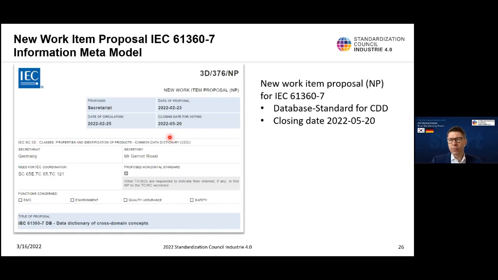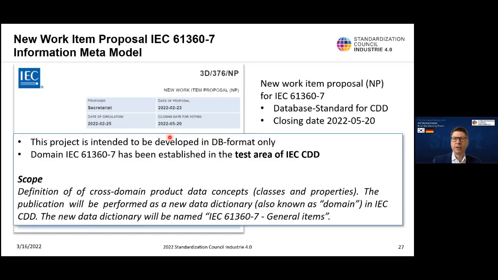One preparation work is to enable so-called database standards for IEC CDD, and therefore, just two weeks ago, a new work item proposal was launched at IEC Subcommittee 3D, the one responsible for Common Data Dictionary, about a database standard as part 7 of this IEC 61360 series.